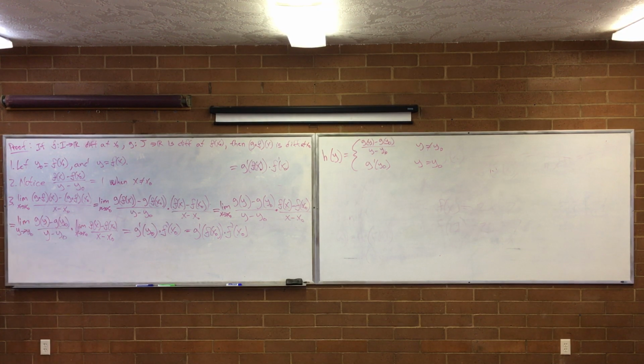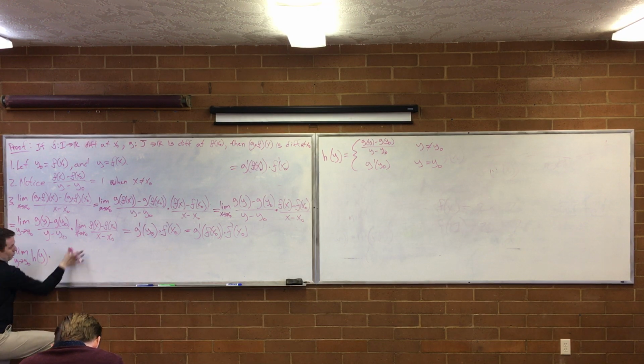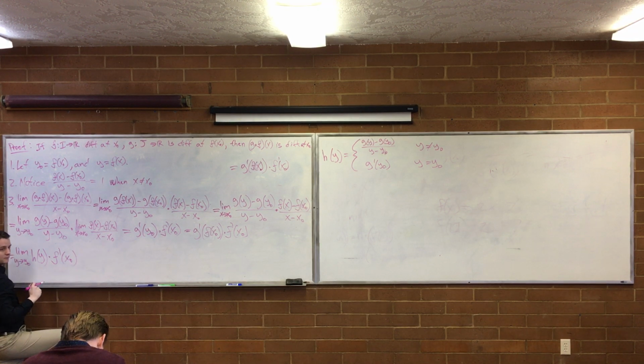Well, it still gives us the same thing. Maybe you can see it. So, rewrite this now. We're doing the limit as y approaches y naught of h of y times, we'll just evaluate this limit since we already know what this limit is, f prime of x naught. Good?